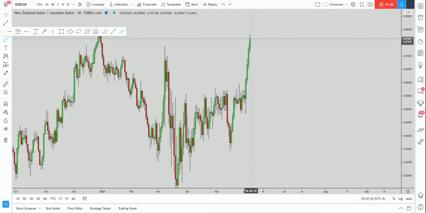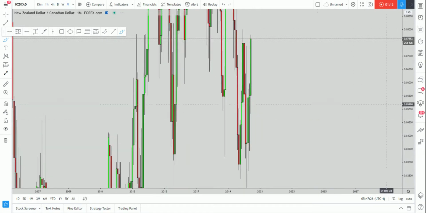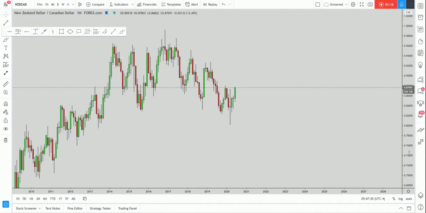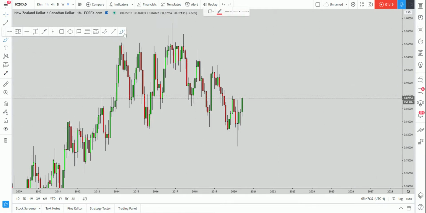Now, where is the next opportunity to be looking for a potential trade on NZD CAD? That is exactly what we will be speaking about today, but first, we need to start the analysis from the monthly time frame. Now, on the monthly, what do we have? We have a market that currently has created this double bottom, and currently we are at the previous high. Now, there are two possible scenarios if the market creates something like this.